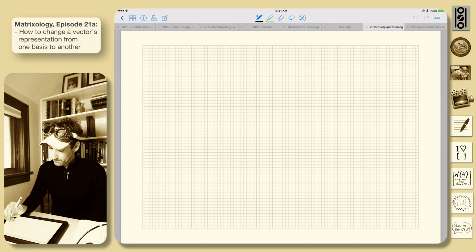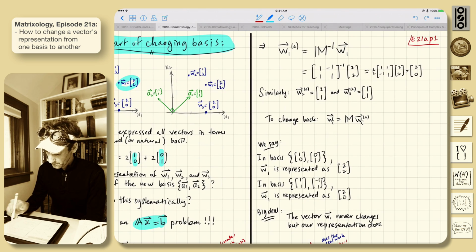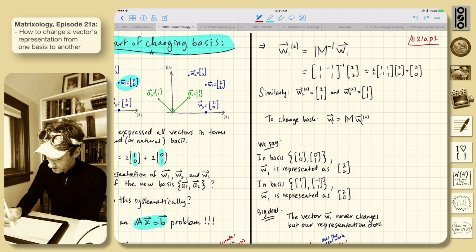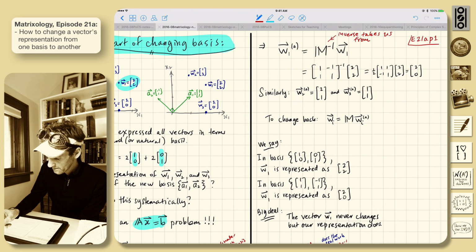So we need the inverse, which takes us from the natural to the new basis.